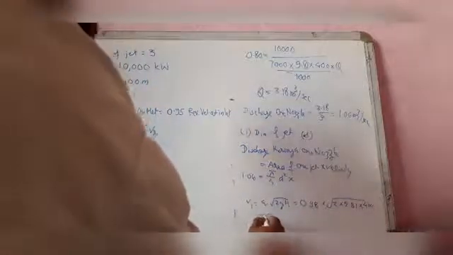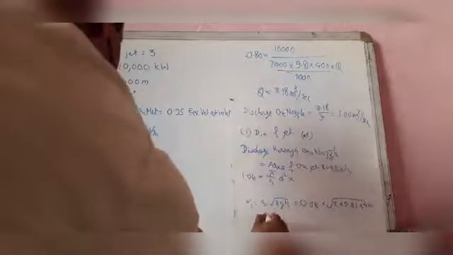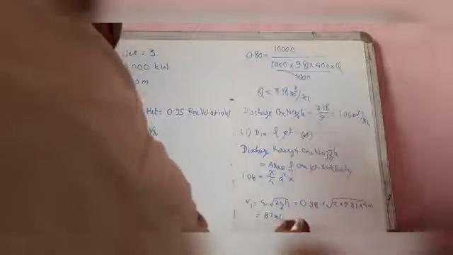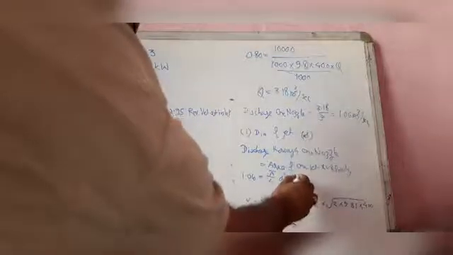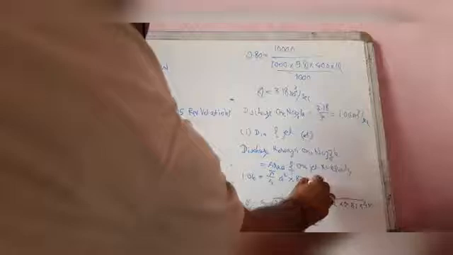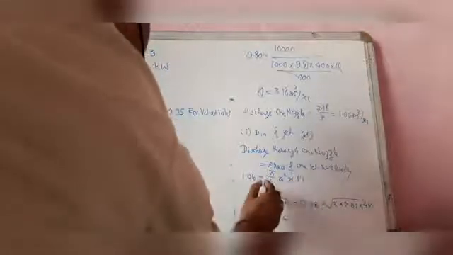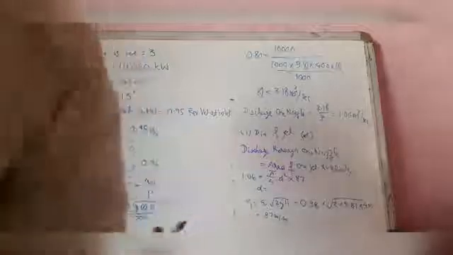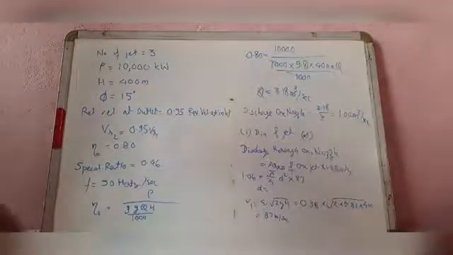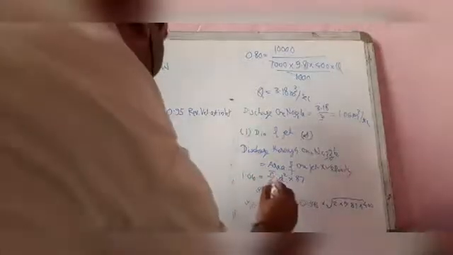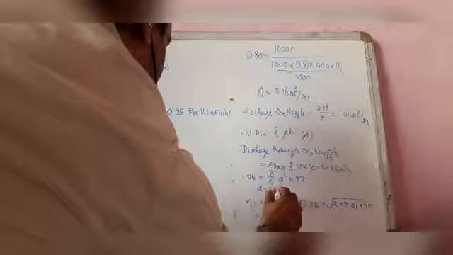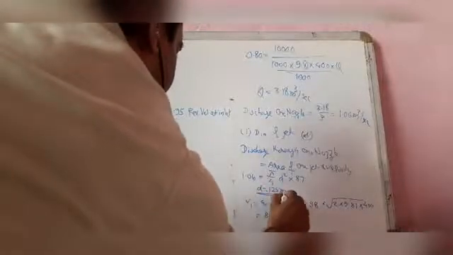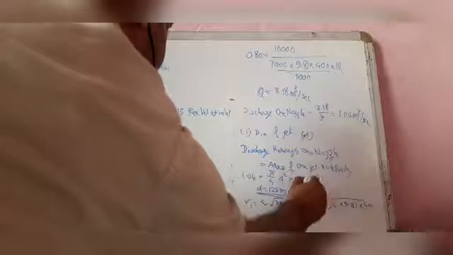So this V1 comes 87 meter per second. Putting here the values, the value of d comes 125 mm.